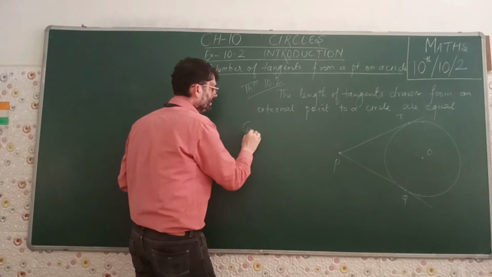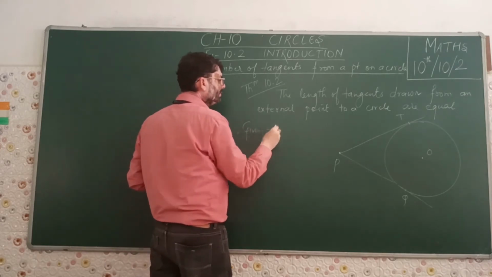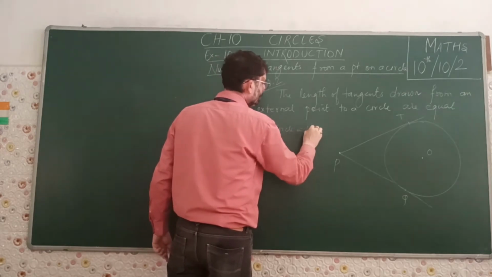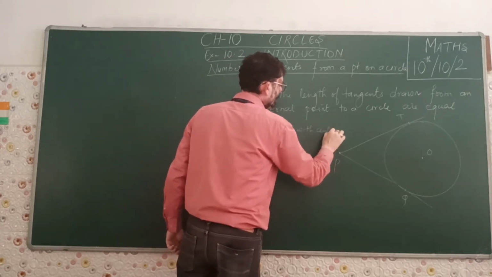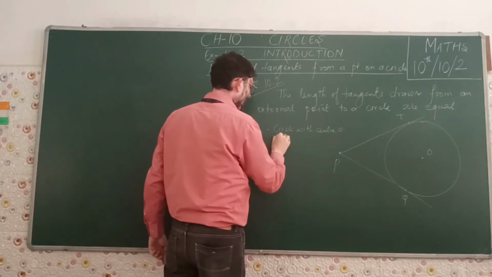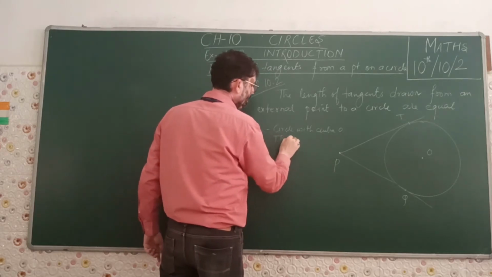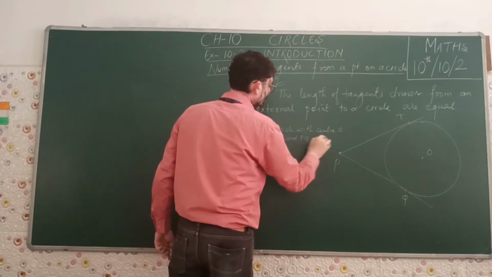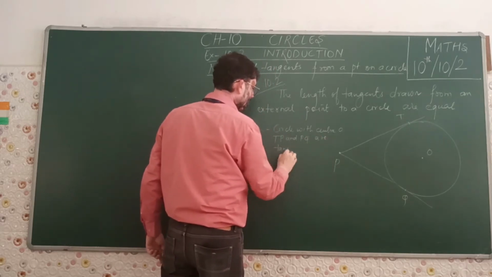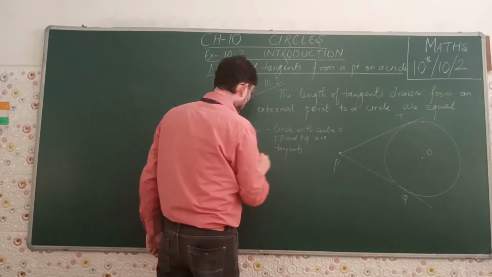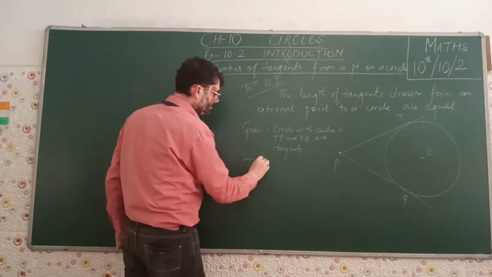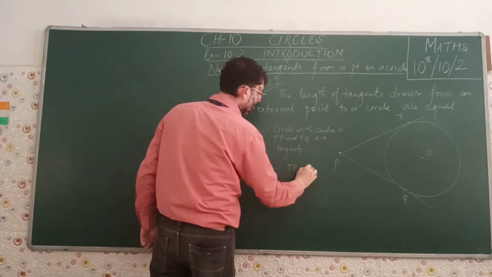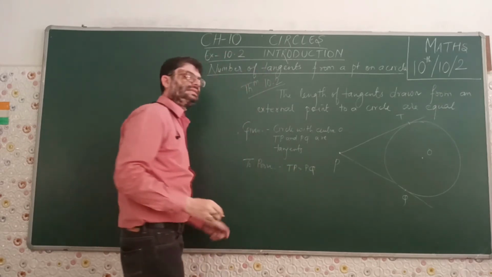We are given what? We are given a circle with center O. PP and PQ are tangents, that is given to us, and we need to prove PP is equal to PQ, that is, the length of the tangents should be equal.